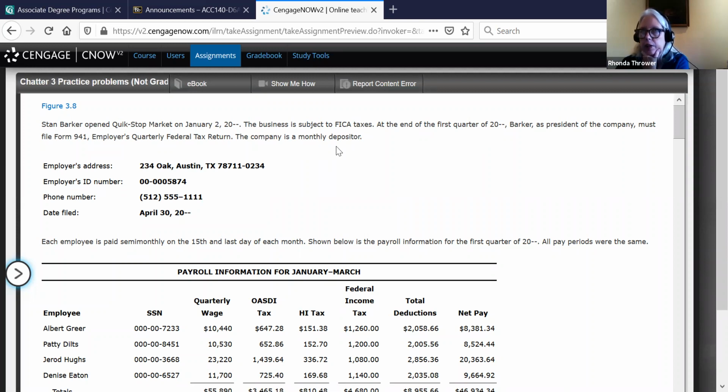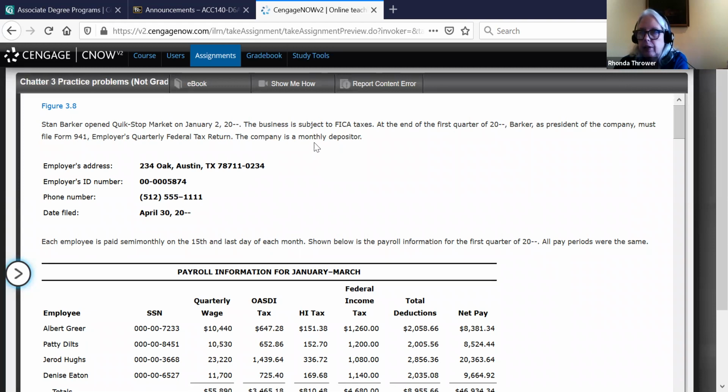The company is a monthly depositor. It's important that you realize that this is a monthly depositor. If you're a monthly depositor, you're going to have to show your monthly deposits, just like we did in the previous problem, which was 3-12.